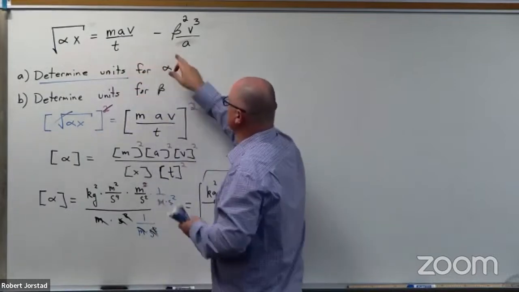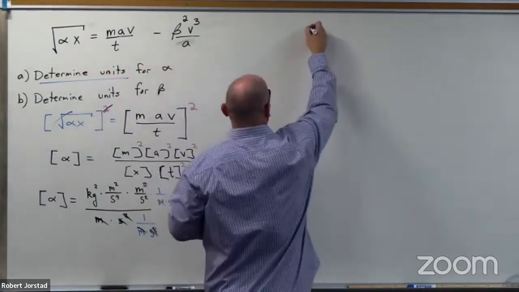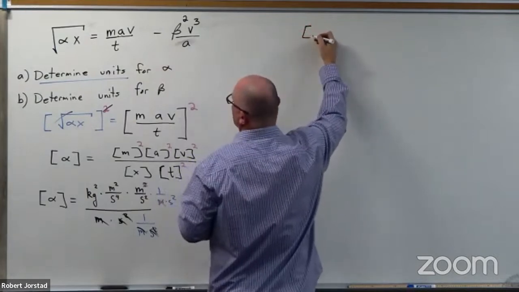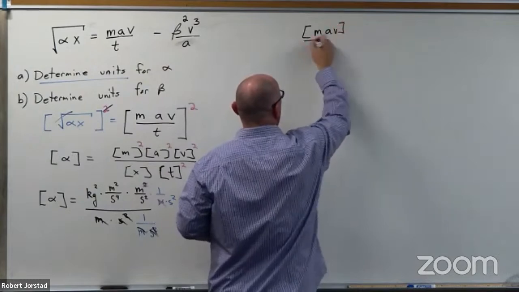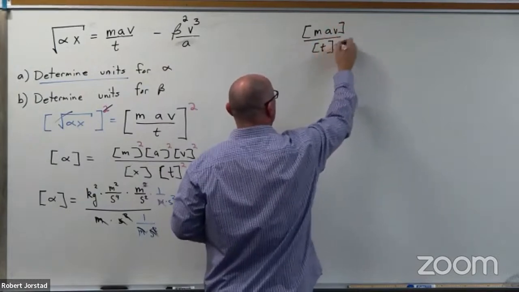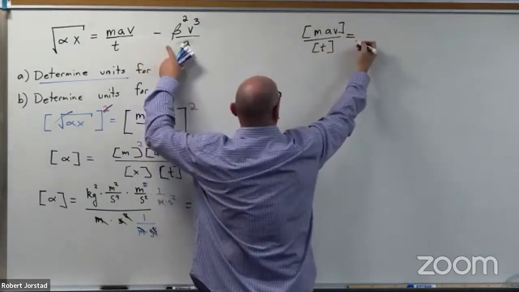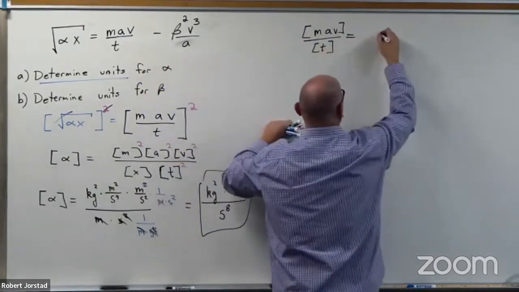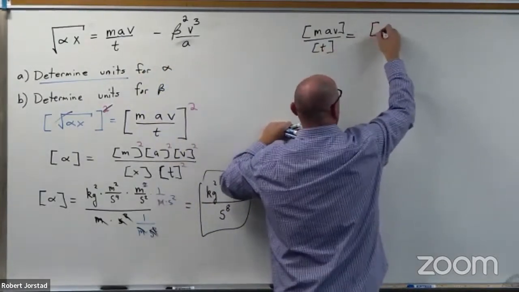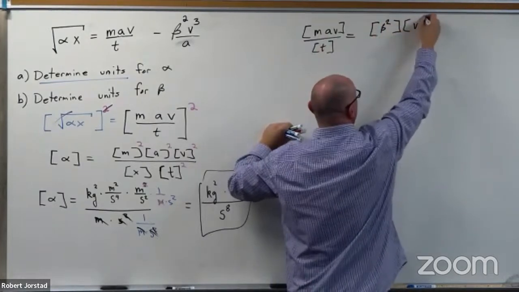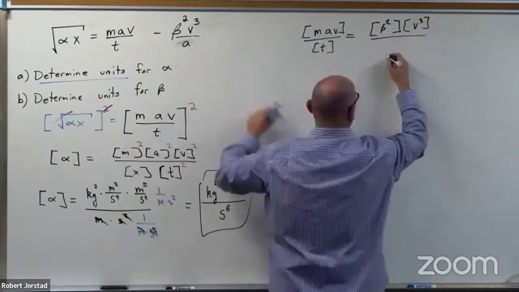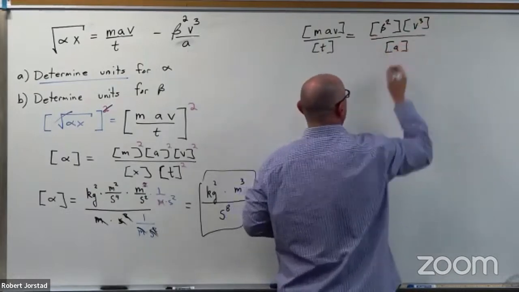So I'm going to go here and here. I'm going to say the units of M, A, V over the units of T equal, the minus sign doesn't matter. So it's the units of beta squared and the units of V cubed all over the units of A. Ugh, this is ugly.